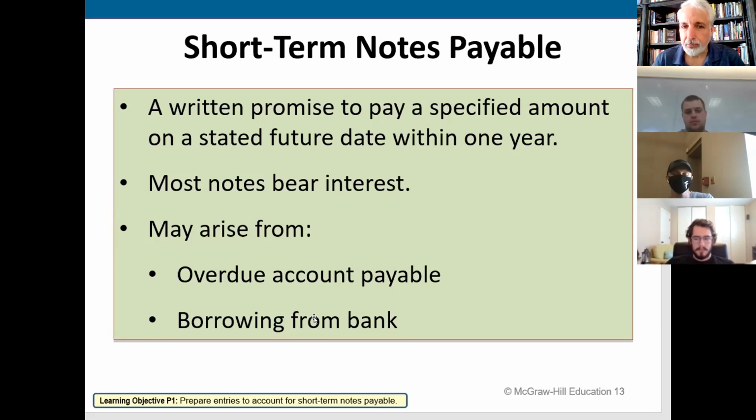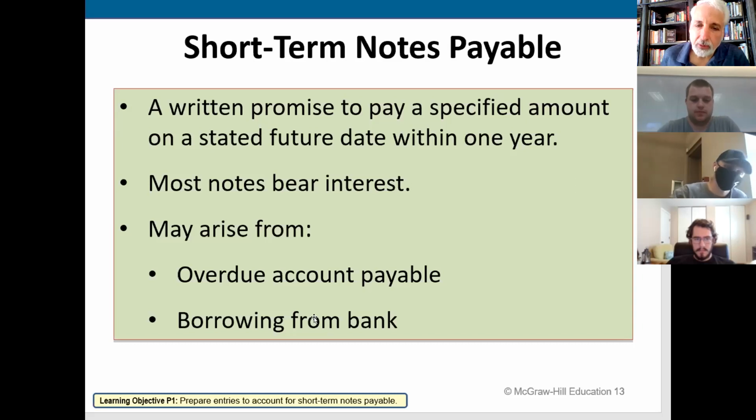So it's a written promise to pay a specified amount within 1 year if it's short term. Even if a vendor says they'll add 1.5% a month to my bill if you don't pay in 30 days, that's an 18% annual interest rate, but that's more of an understanding. It's not a written obligation. This is a signed note. I sign a 5% note with the bank. I sign a mortgage.